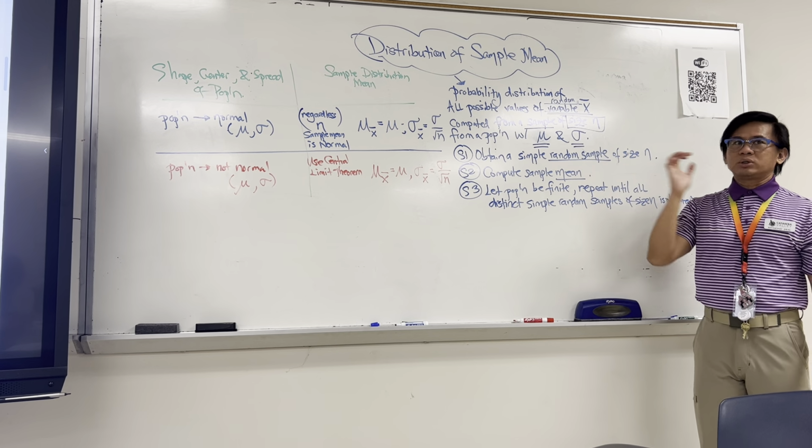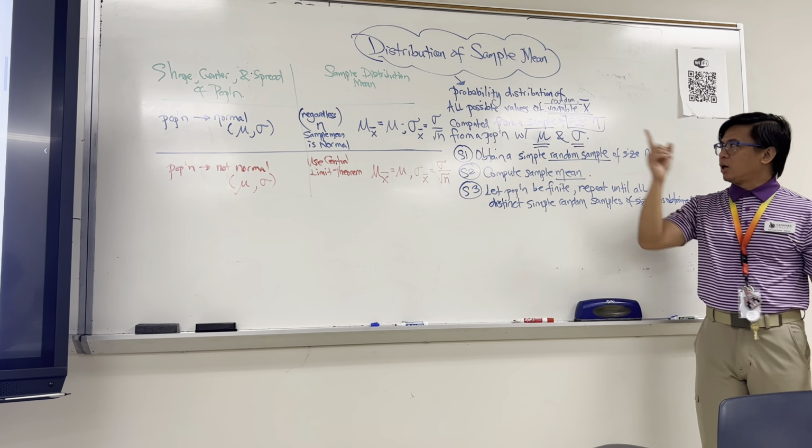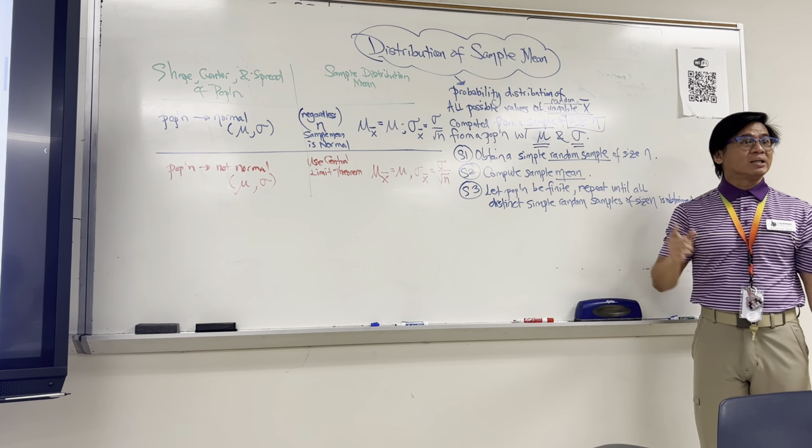As you may notice, those are Greek letters, then those are the population mean and standard deviation. However, it doesn't actually say specifically that the population should be normally distributed in the first place, right? So it doesn't have that condition yet.